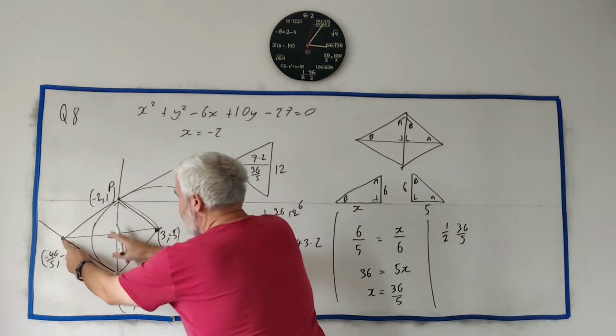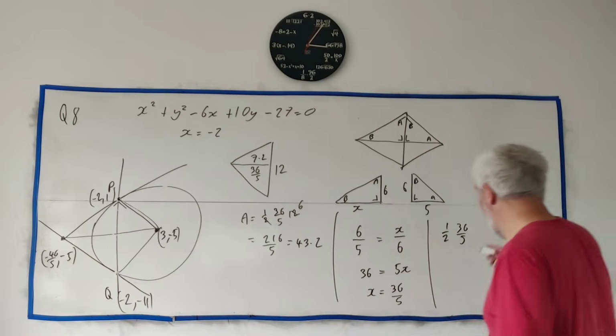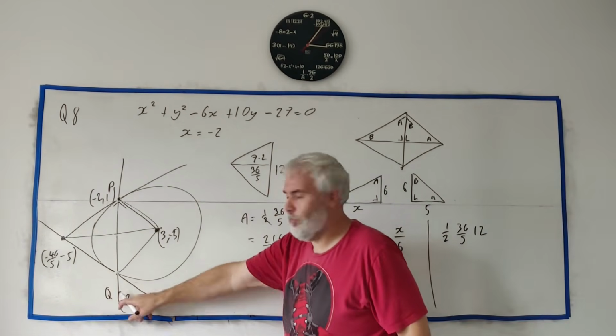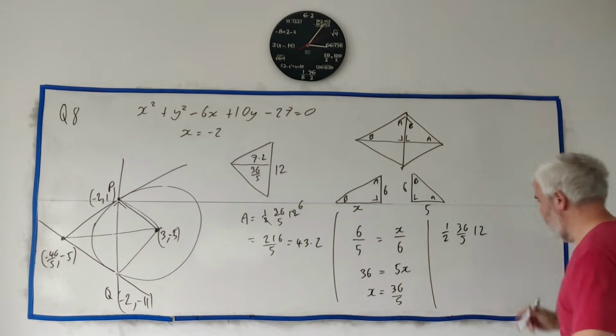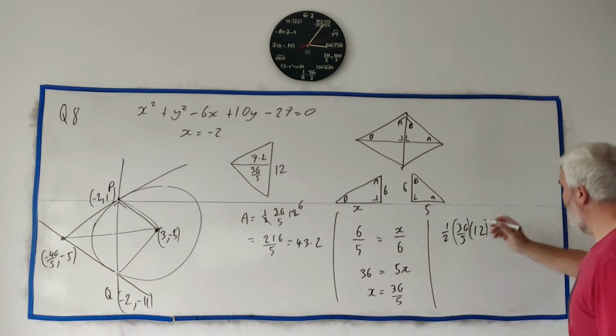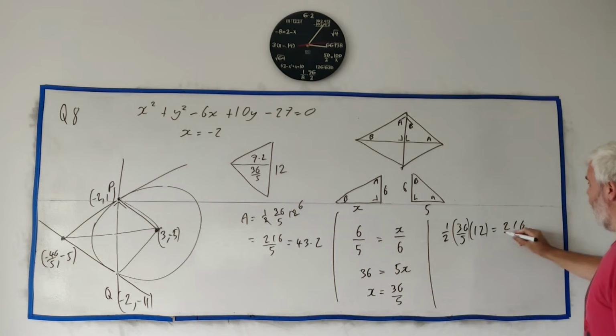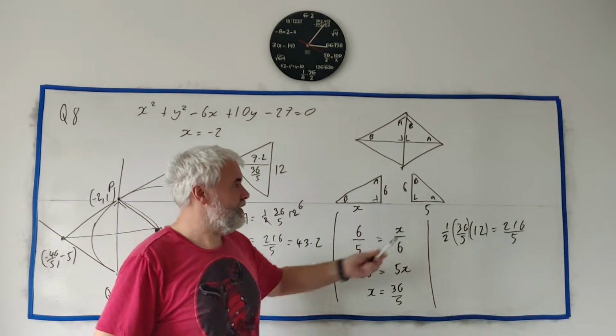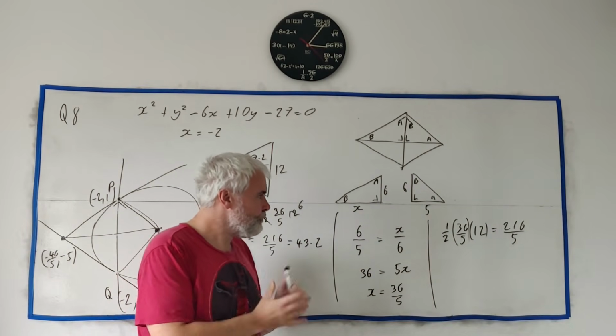That's this length by this base, which is once again 12. You would have had to find these two points either way, by the way, so I hope I don't gloss over that. And that's equal, just like we found earlier, to 216 divided by 5. Okay, I thought it was a really interesting second way to answer the question.